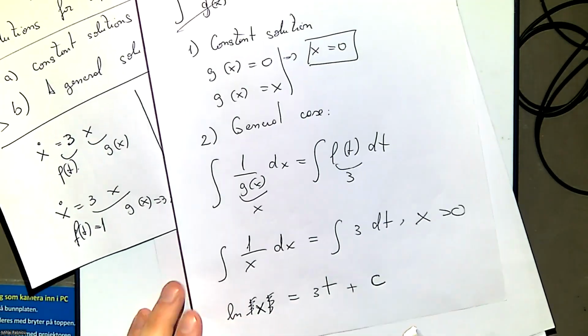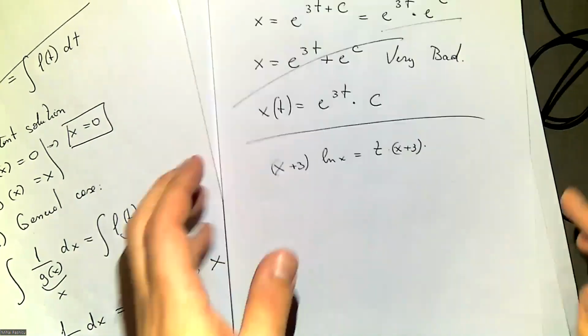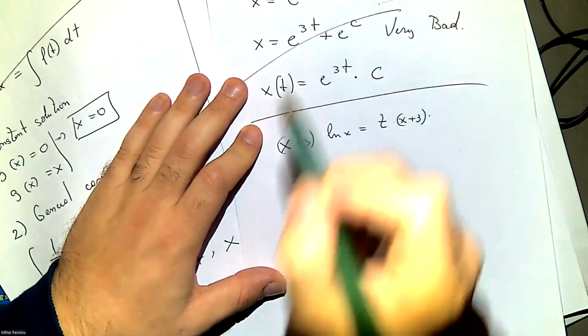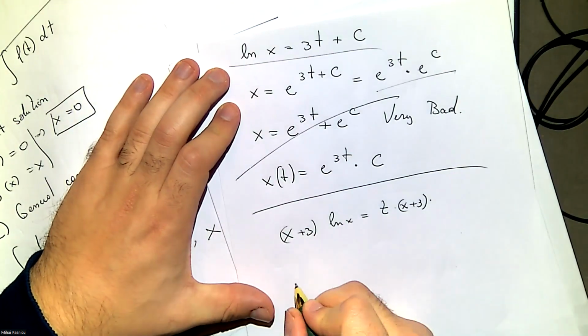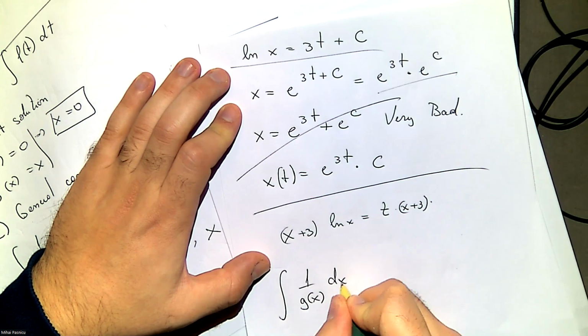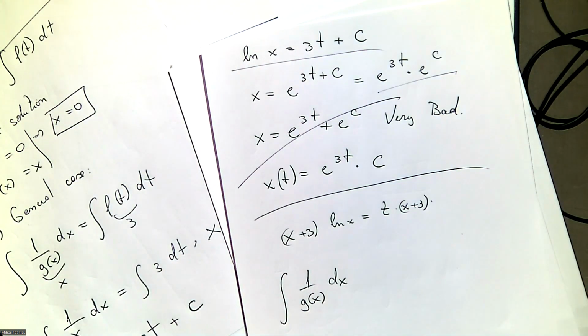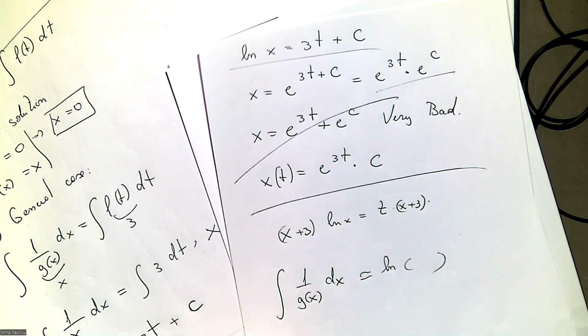Specifically, I'm emphasizing this problem over here, ln of x, because as you probably guessed by now, the integral of 1 over x dx, if you've had some experience with integrals, is more or less, in 90% of the cases, going to give you ln of something.